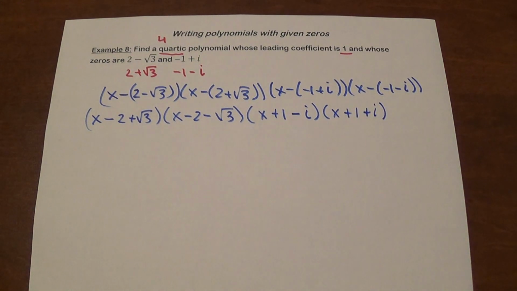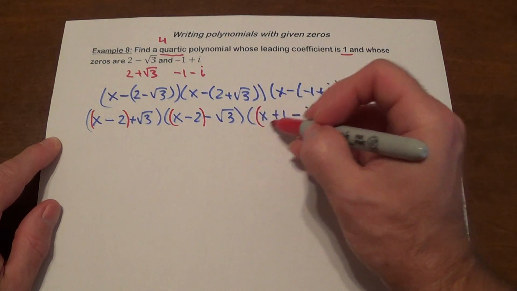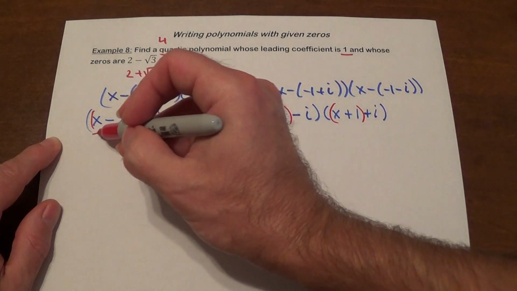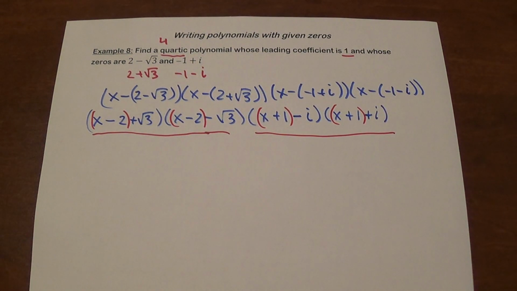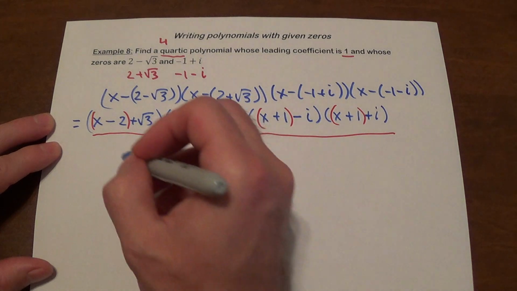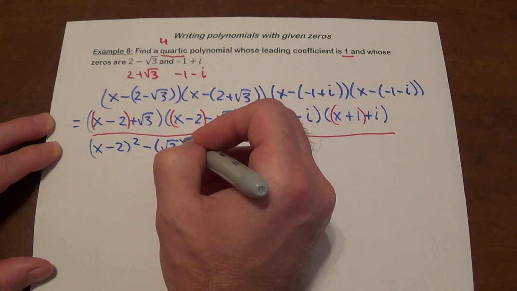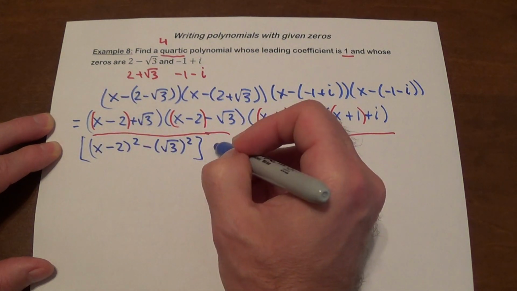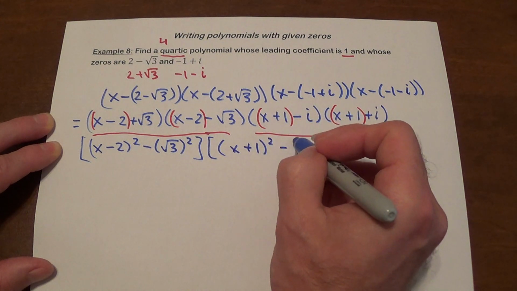Okay, so this is what we have, and now we are going to put x minus 2 in parentheses here and here, and x plus 1 in parentheses here and here, and we're going to have twice a difference of squares, and we're going to multiply them together first, and then we're going to get both things simplified. So this is going to give you x minus 2 squared minus square root of 3 squared times x plus 1 squared minus i squared.